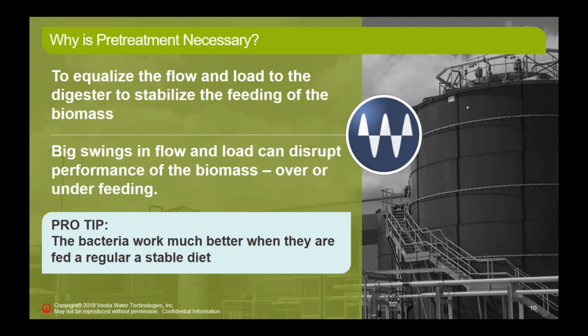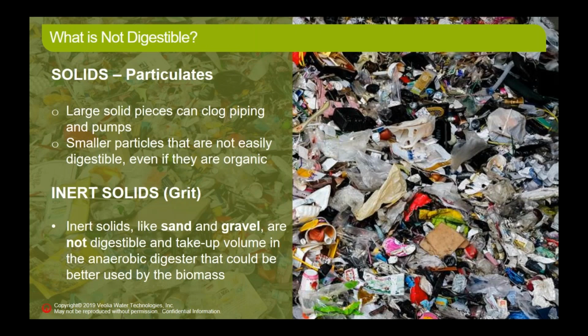Therefore, it's a good thing to equalize that out. It's better for the system if it can be fed in a stable, steady manner. Feeding the same thing 24/7, 365 would be the best thing to do. So equalization is a big thing that we look for these days.